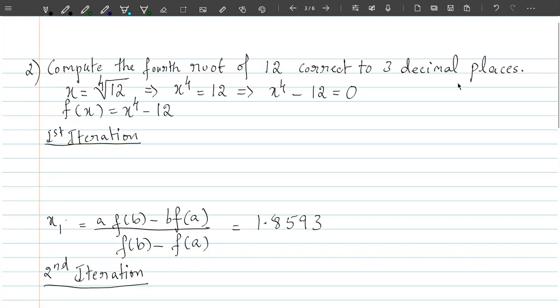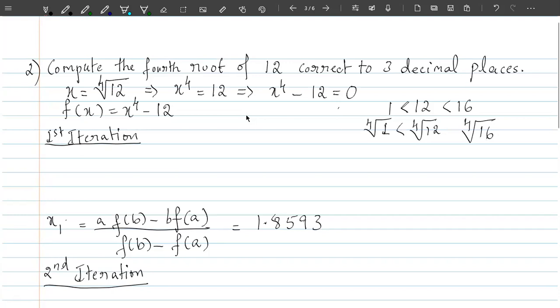So now, how do you get the required interval a comma b? So we know that this number 12 lies between 1 and 16. So now, suppose you want to calculate fourth root of 12, you have to find fourth root of 1 and fourth root of 16.